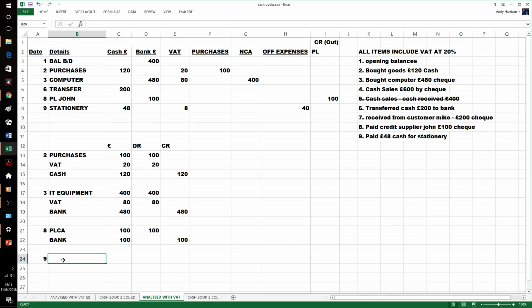But that was analysed previously, whereas this one, the cash purchase, the same as the purchase on the top. Debit stationery, debit VAT, and it was cash that was credited. So we've analysed items, worked out all the VAT. I made it nice easy amounts as well.